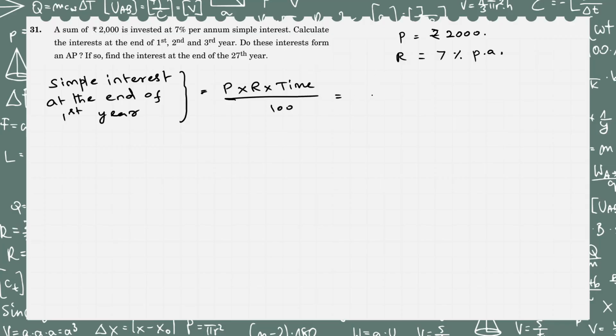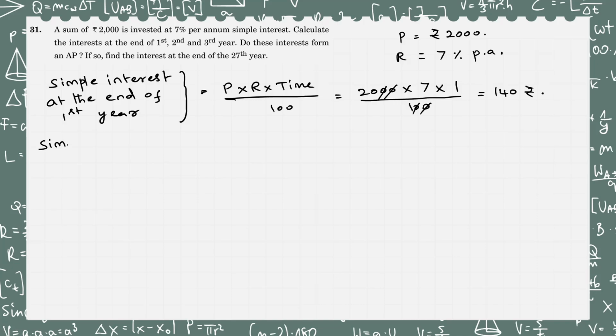That is equal to 2000 into 7 into time is 1 now divided by 100. Now we can cut 2 zeros here. So the answer for this is 140 rupees.